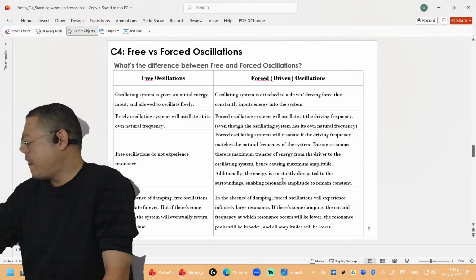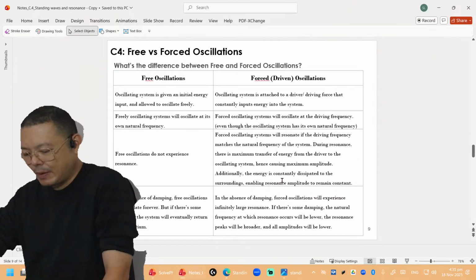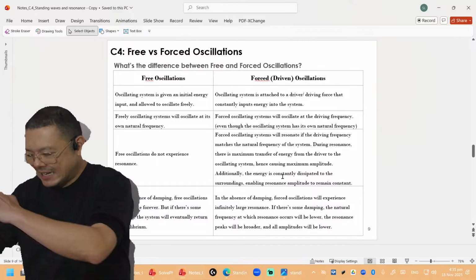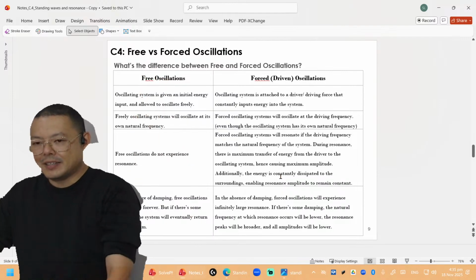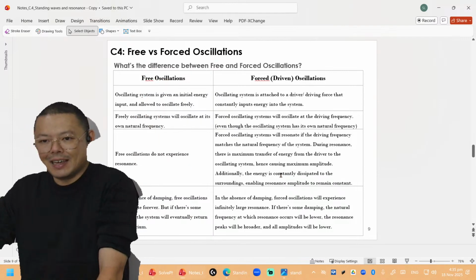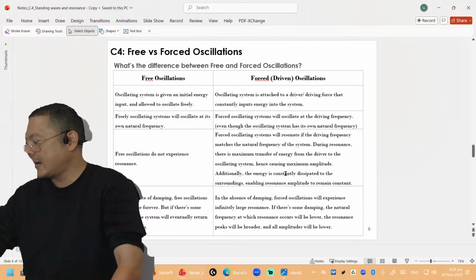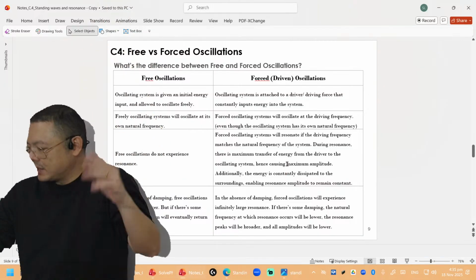Free and forced oscillations is actually quite mutually exclusive from standing waves. They have no bearing on each other. This C4 is a weird chapter, with a very distinct cut in between. In fact, free and forced oscillations belongs to simple harmonic motion, but I don't know why it's here. At A level, I teach this together with my SHM parts. I have no idea what this is doing here.